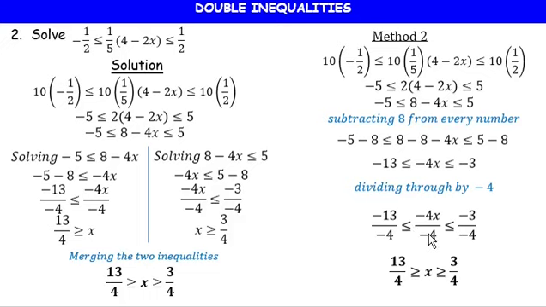So here, after dividing through by the negative 4, these two inequalities will change the opposite sign, right? So here it was x is greater than or equal to, but because we divided through by negative 4, it will turn. So it becomes x being less than or equal to 13 over 4. This one too will change and becomes x is greater than or equal to 3 over 4, right?